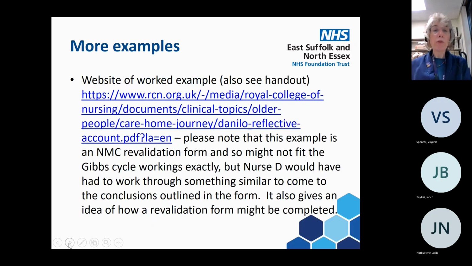So more examples. Now, I include this one because it is from the Royal College of Nursing website, and it is related to the NMC's revalidation. But you know what? It's really nice, this one.